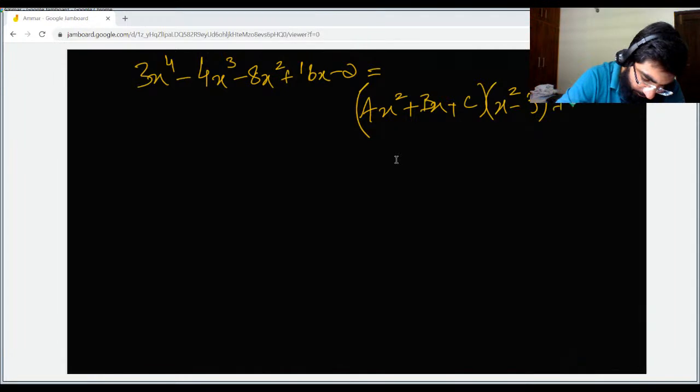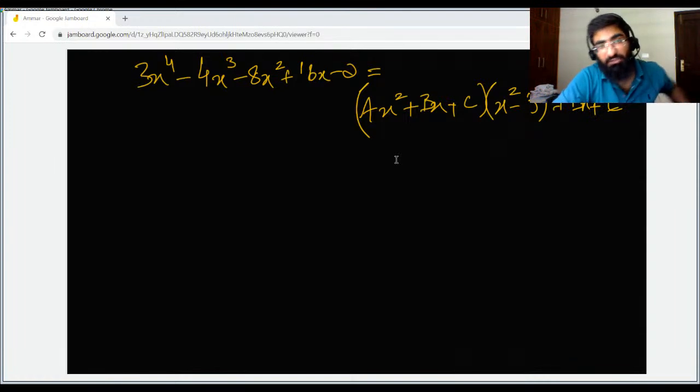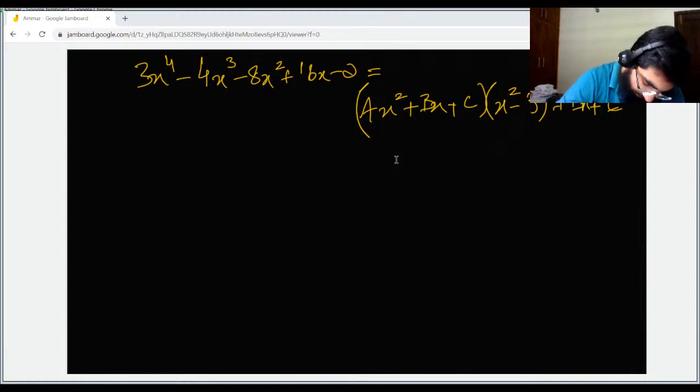Now the only way I'm going to get x raised to the power 4 is if I multiply ax squared with x squared. It tells me that x raised to the power 4 will have a coefficient of 3.